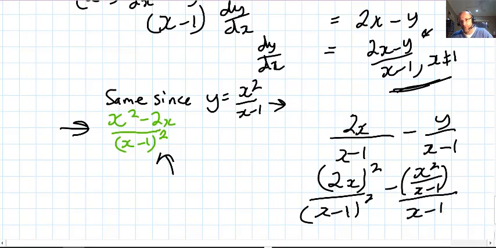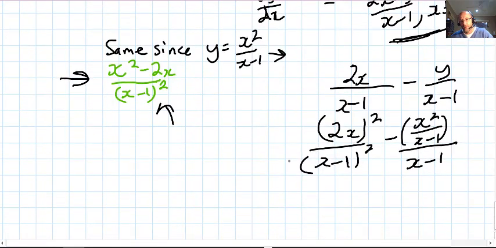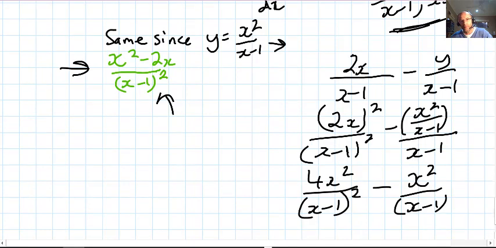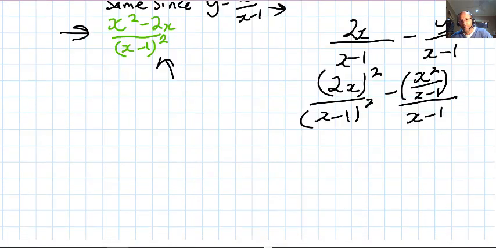I haven't squared the top and bottom there, have I? Okay, then that would be 4x squared over x minus 1 all squared, and this would be x squared over x minus 1 all squared. Oh no, I've just looked at what I did, and that's crazy.